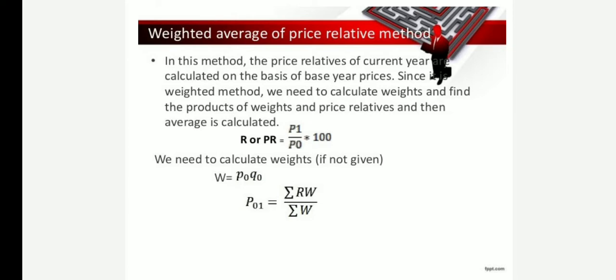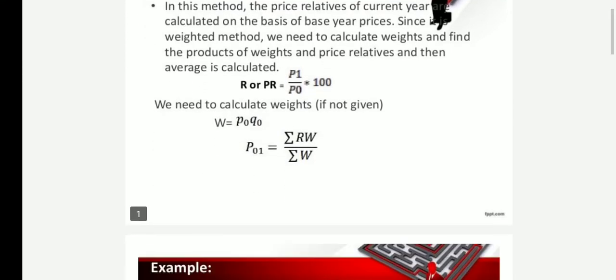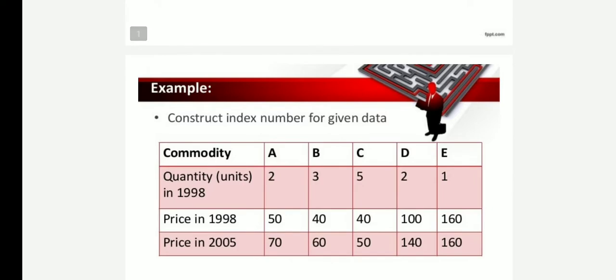We need to calculate weights if not given. So W equals P0 Q0, in the sense that price as well as quantity of the base period is taken as weight here. So P01 equals sum of RW divided by sum of W.